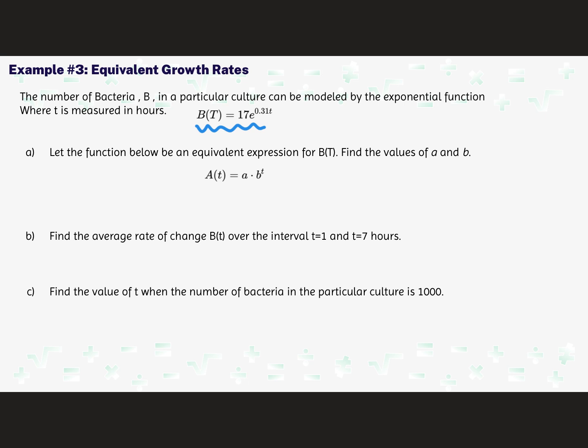So you'll notice that in the expression we're being asked to write, t is by itself in the exponent. So essentially we want to get rid of this horizontal dilation that's within the function that's given to us. In 2.4, we practiced this using our properties of exponents.